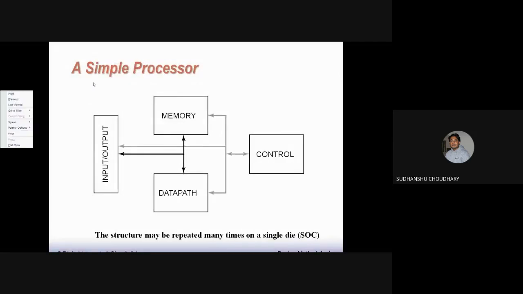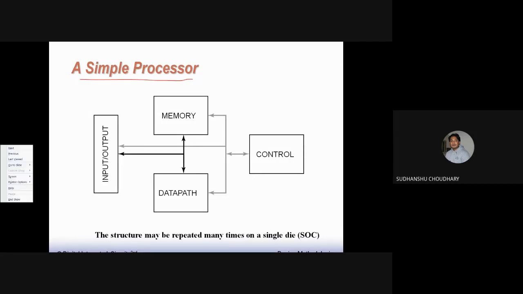Now if you look at a simple microprocessor, maybe four important components are there. First is, let's say, input output support, which you need to have in any chip, not just a microprocessor. Then you also have a memory to store the data and instructions in a microprocessor. Then you have a data path where all computations will be performed.